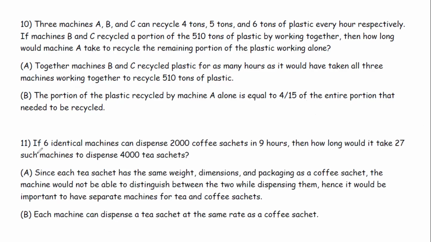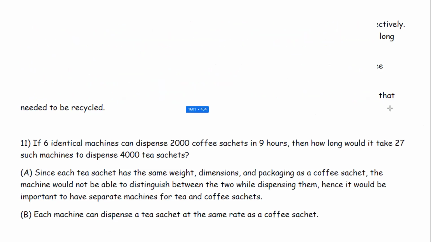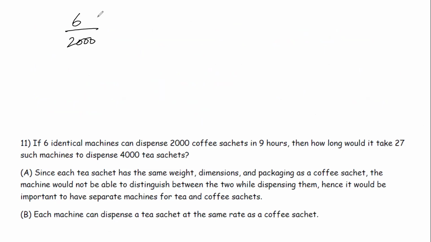Anyway, question 11. 11th question. Okay. 6 identical machines can dispense 2,000 coffee sachets in 9 hours.